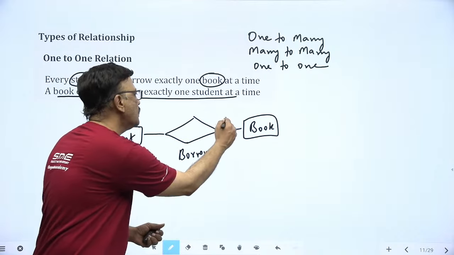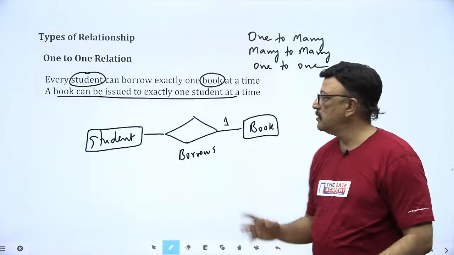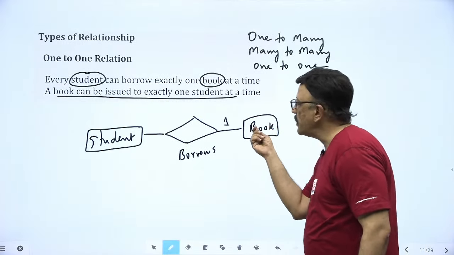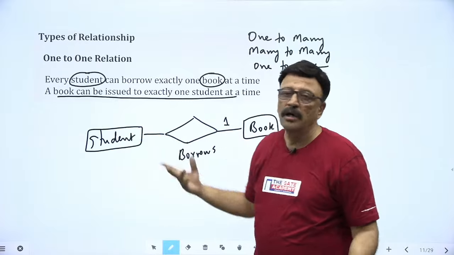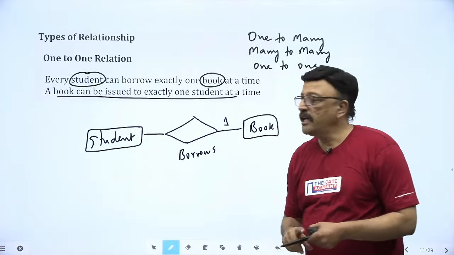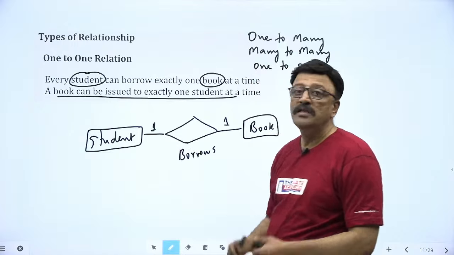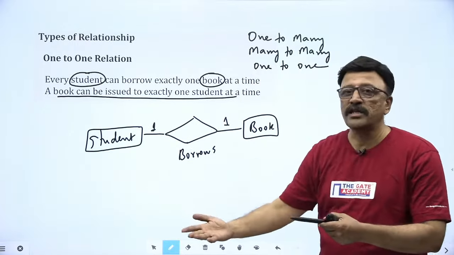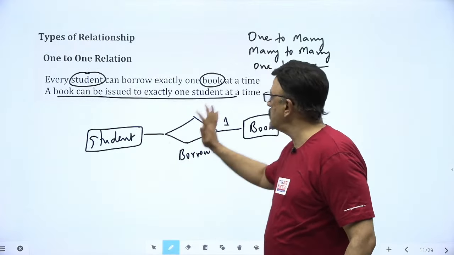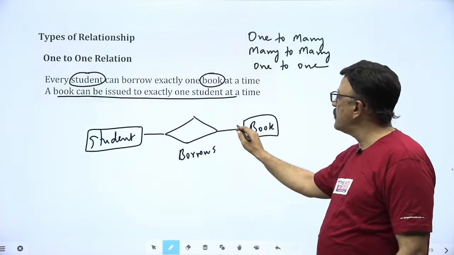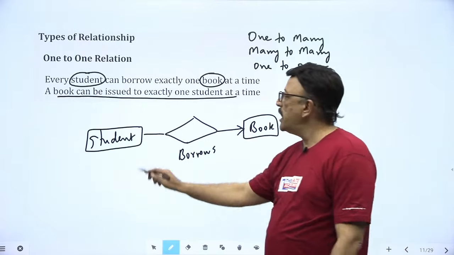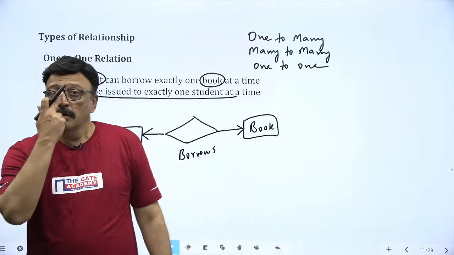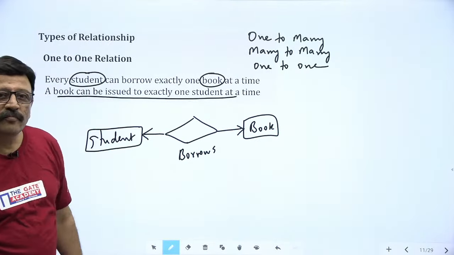So one over here. And if you ask any book, some B1 book, you are with which student? That B1 will say, I am with student S1. Book can lie only with one student at any point of time. So this is one side. This is one to one. And according to our other notation, if we don't use these numbers, then book is one side, so an arrow is shown towards the book, and student is one side, so an arrow is shown towards the student. So that's one to one.